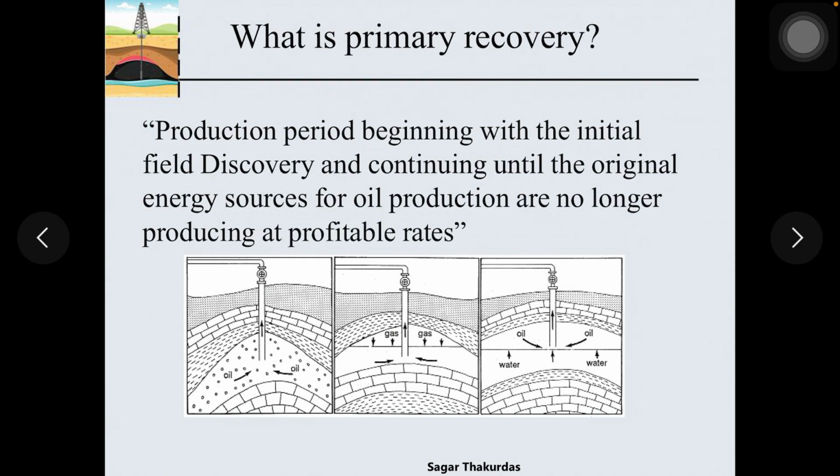And after that, when there is no energy available in the reservoir to push the oil and gas into the wellbore to be lifted to the surface, the primary recovery is over. So as mentioned here, the primary recovery continues from the initial discovery until the natural energy sources for oil and gas are no longer producing at profitable rates. So once the natural energy in the reservoir is completely exhausted, we say it is the end of primary recovery.